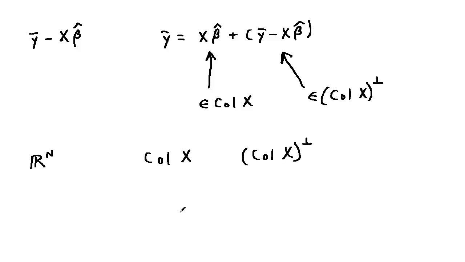Now any vector in R^n can be written uniquely as z plus w, where z lies in the column space of X and w lies in the orthogonal complement of that.